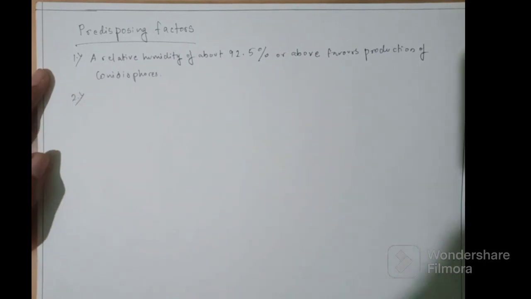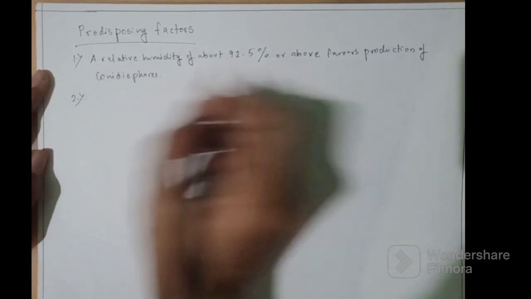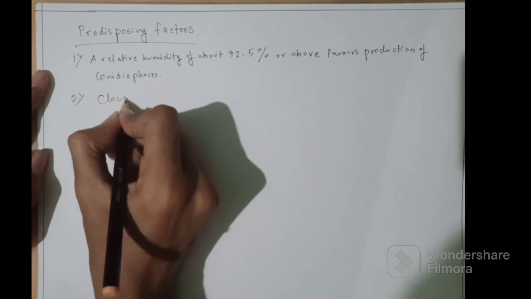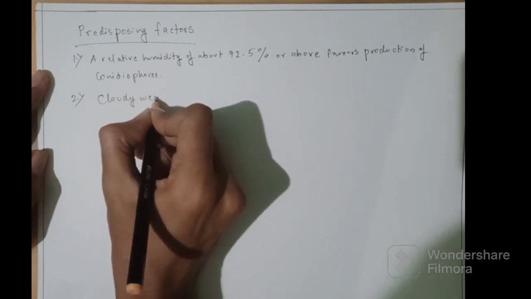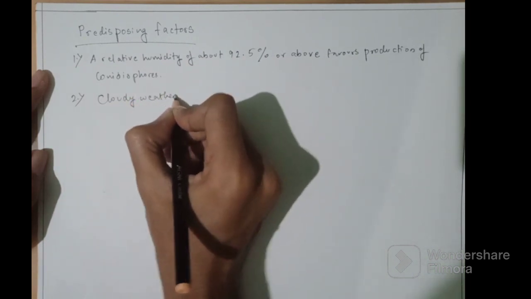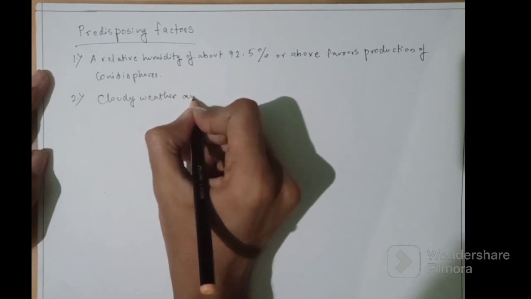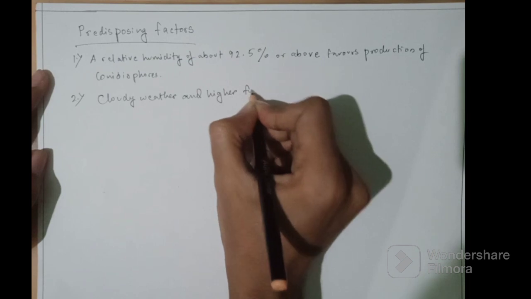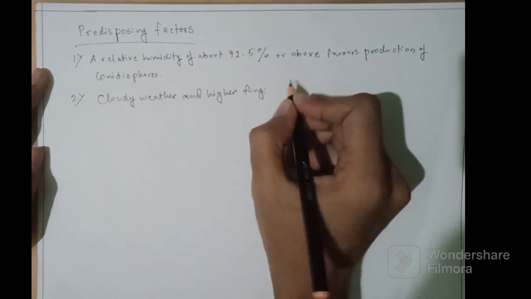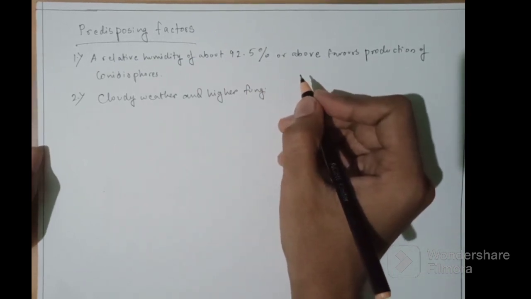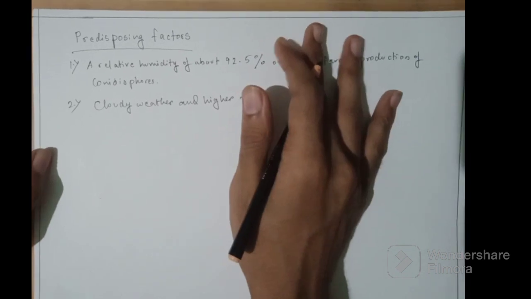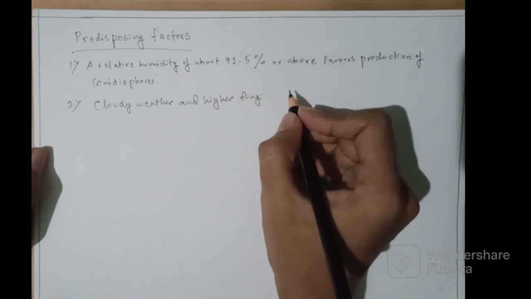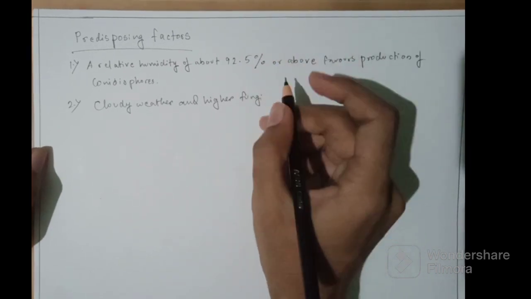Second, we said about humidity, it can even be a cloudy weather devoid of sunlight. Sunlight is something which can hamper the growth of any type of fungi, because any fungus requires a very wet and humid condition as well as warmth.